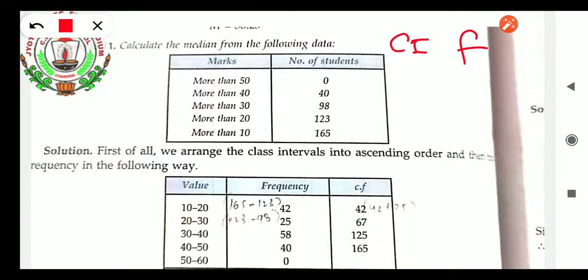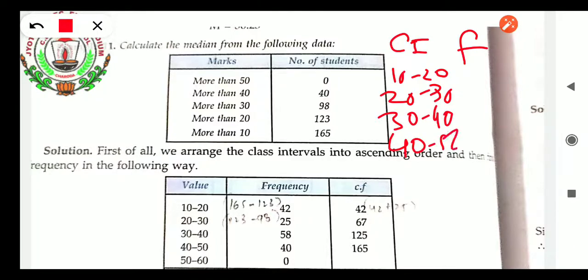As I said, that is 10 to 20, then 20 to 30, 30 to 40, 40 to 50, 50 to 60, the class will be there. More than 50 the frequency is 0, so here the frequency will be 0.